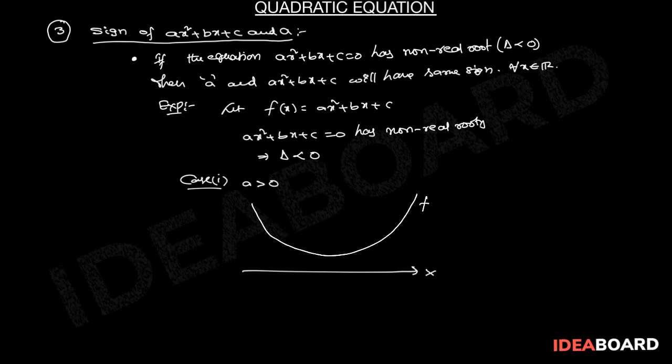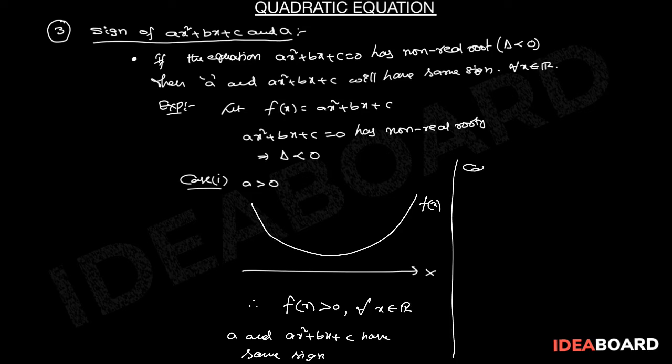This is the f of x curve. Therefore, f of x greater than 0 for all x belongs to R. In this case, a and ax square plus bx plus c have the same signs. That is, a is positive and the expression is also positive.